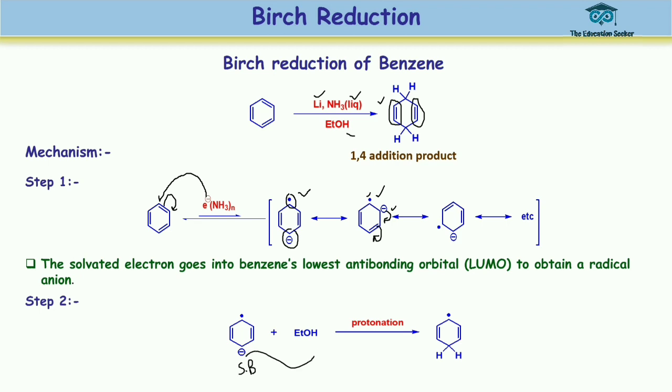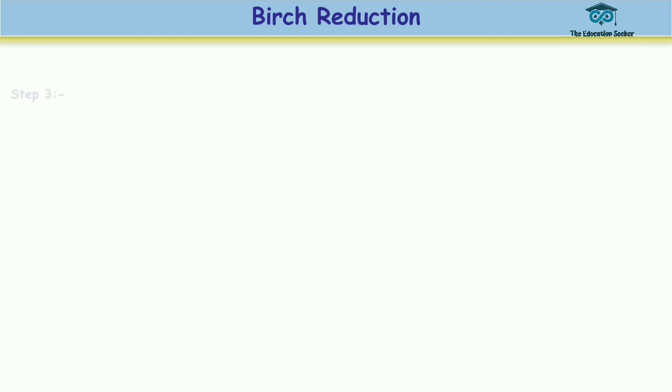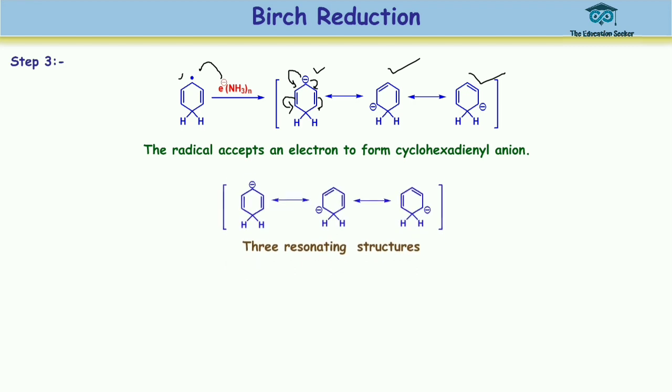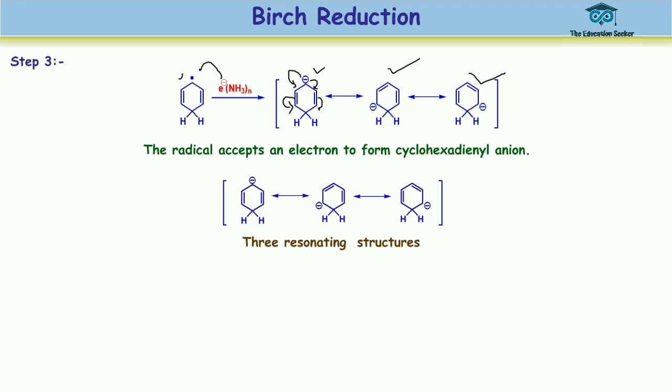Now in the second step, this radical anion, which can act as a strong base, can abstract a proton from ethanol to give this radical. In the third step we have this particular radical, and this radical will accept a further electron to be converted into this anion. If you consider this anion, this negative charge can do resonance with this pi bond to generate this resonating structure, or it can do resonance in this way to generate this resonating structure. So basically we have three resonating structures.